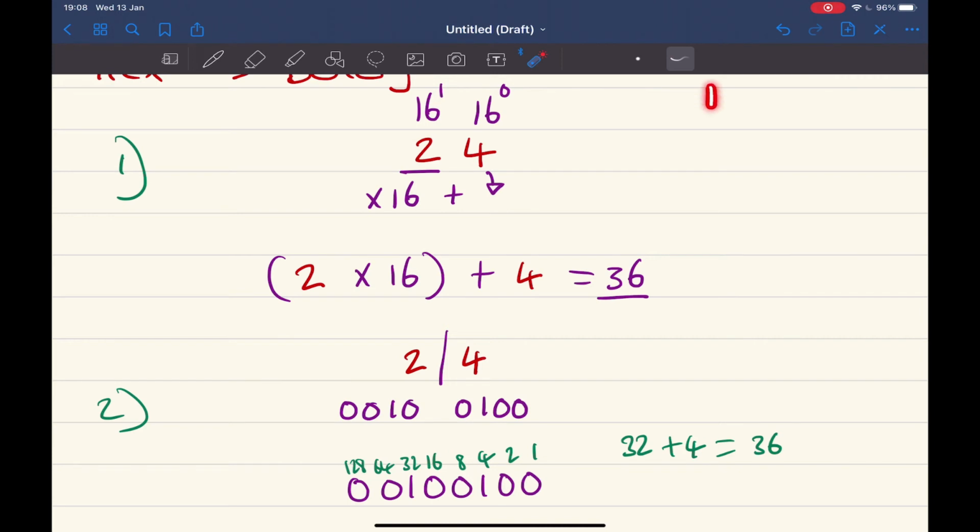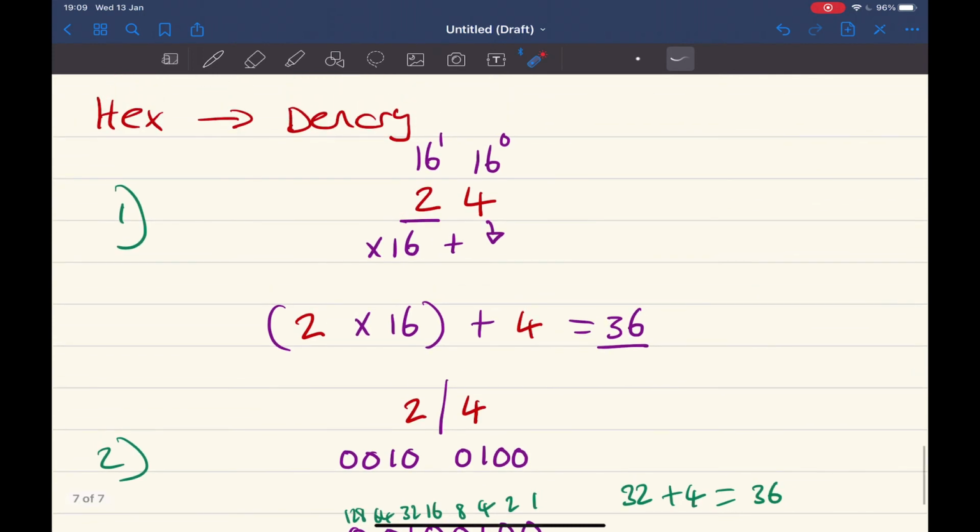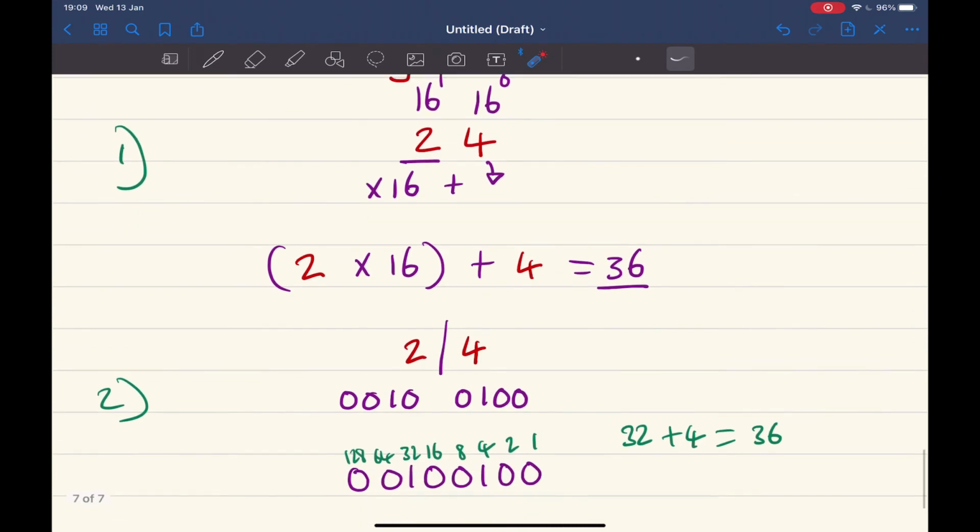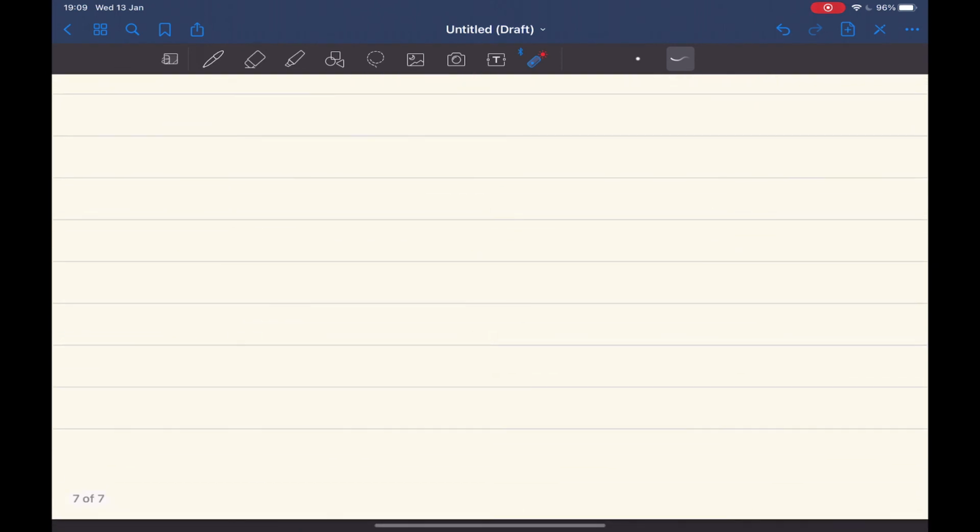My personal recommendation would be to try and get this one done, because we're pulling in the same skills that we do in maths, where we're using our times tables, we're using our BIDMAS, and you tend to be a lot more accurate because there's a smaller process in terms of what is going on. So that's one way of converting hexadecimal into denary.